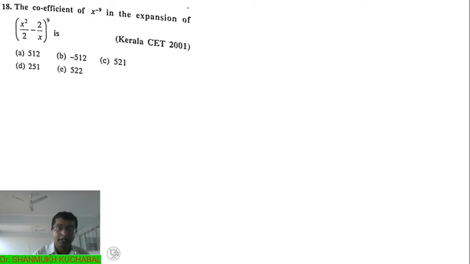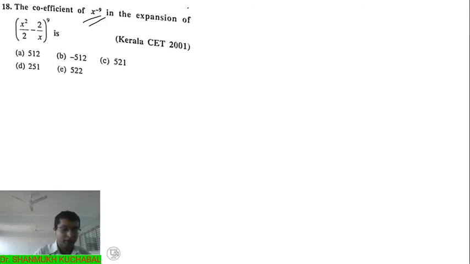The procedure is similar to our previous examples: we write the general term, then equate the x power to minus 9, and on simplifying we will get the r value. After calculating the r value, we substitute it once again in the general formula, and if we simplify it we get the coefficient of x raised to minus 9.